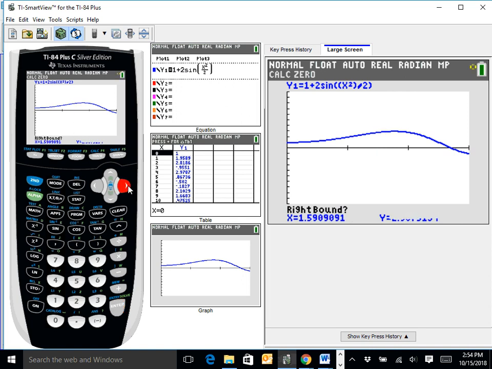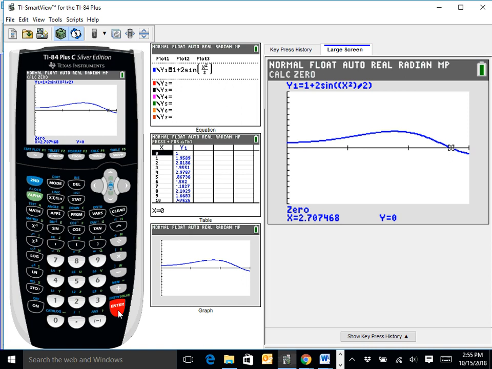This takes a little while. Okay, and I'll hit enter, and then enter one more time. And I can see that t value, now your calculator reports it as an x value, but that is a t value of 2.707.